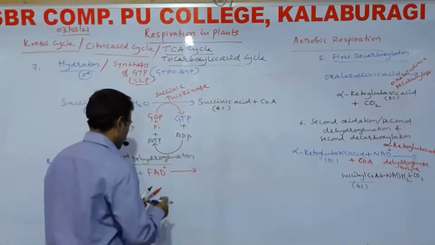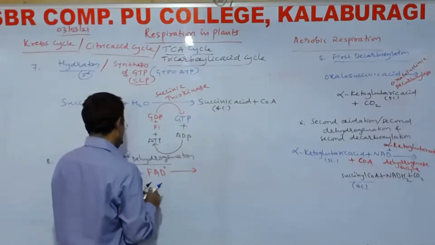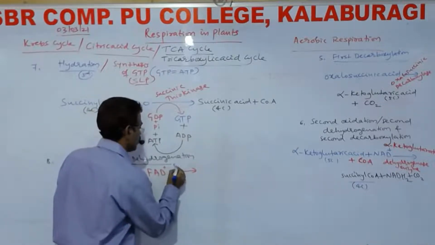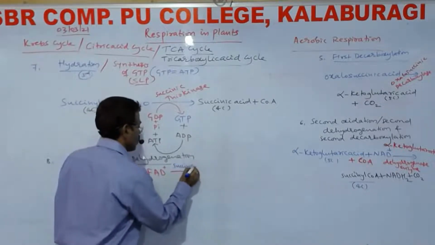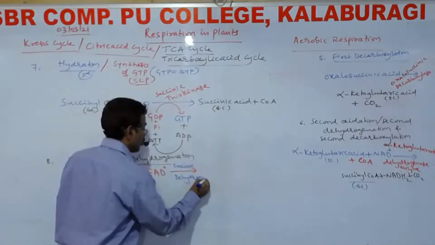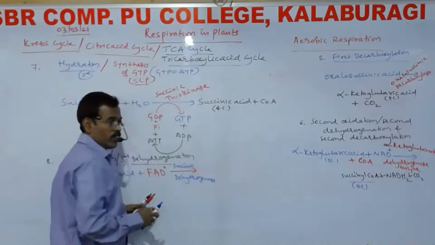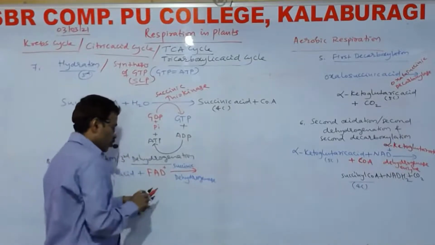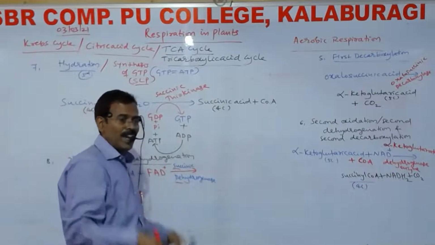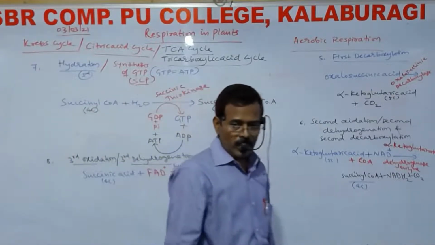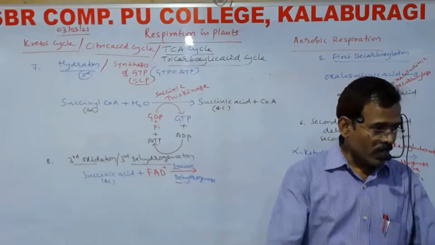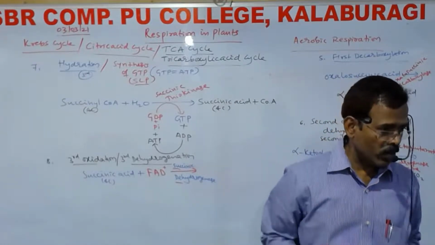So succinic acid conversion is catalyzed by a very important enzyme, succinic dehydrogenase enzyme. Remember this. This is the only enzyme which is not present in the matrix of mitochondria. The remaining other enzymes involved in the 9 chemical reactions are present in the matrix of mitochondria.